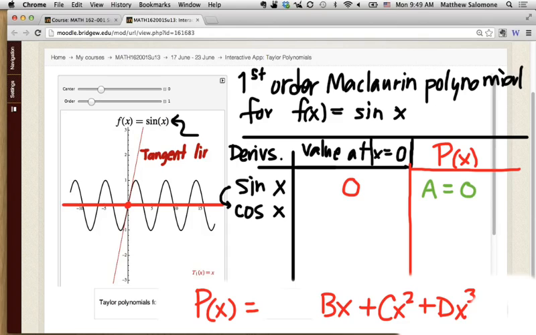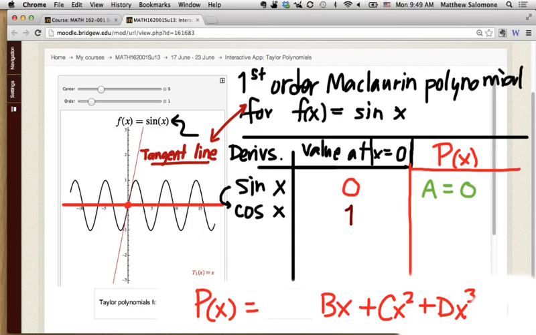In fact, that's exactly what a first-order Maclaurin polynomial, or in general a first-order Taylor polynomial for a function is. It's a function whose graph is a tangent line to our curve. So to match that slope, I take the derivative of sine of x and I get cosine of x. And what is cosine of x's value at x equals 0? Cosine of 0 is 1.